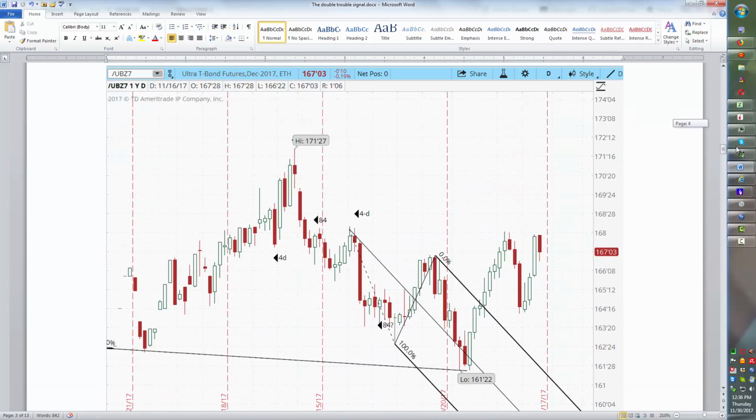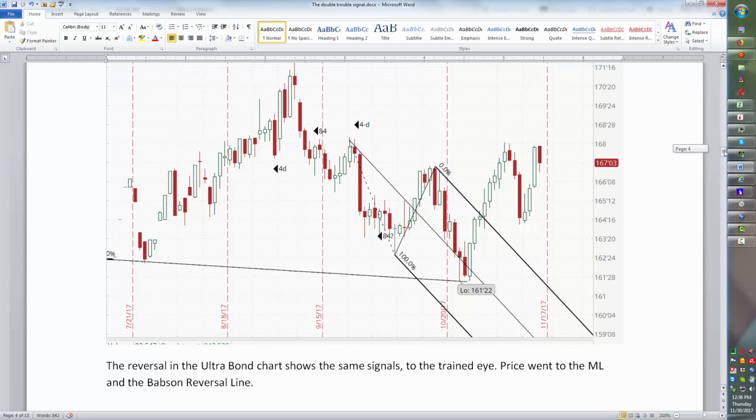See another example of this. This is in ultra bond futures. This was a fun one. Here we are in 2017, and interest rates are obviously going up. But in the meantime, every once in a while, bonds go the other way, and this is not what I would consider a correction.